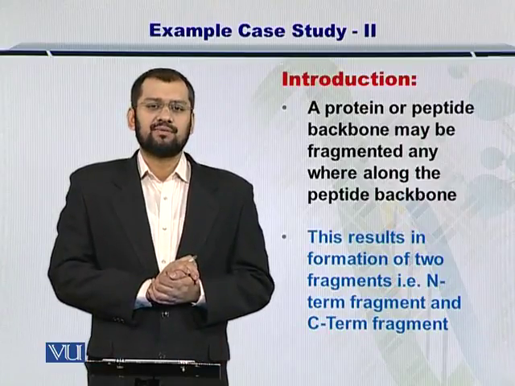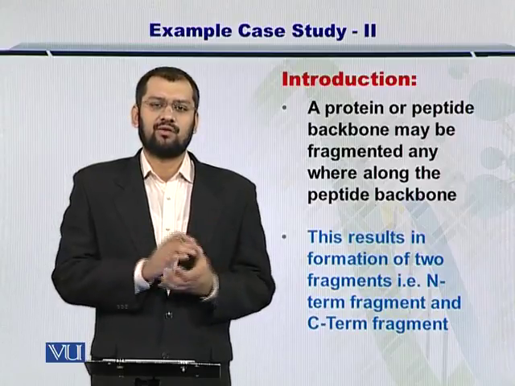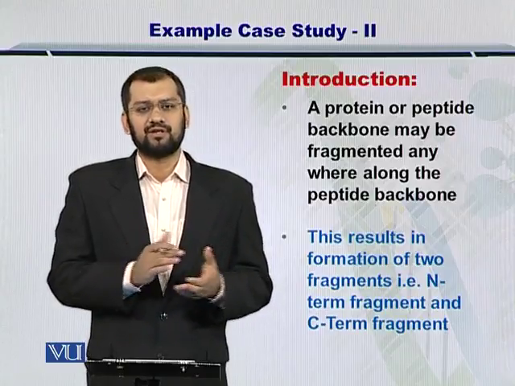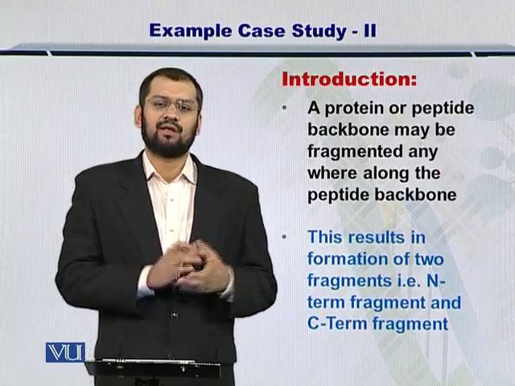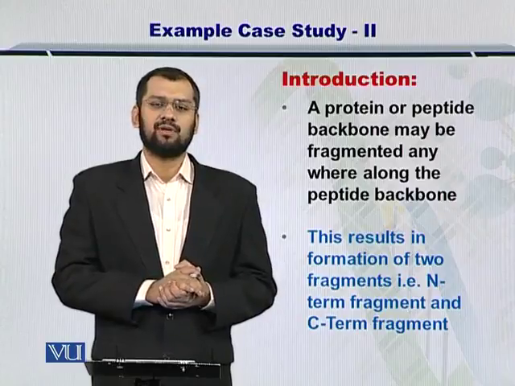This fragmentation breaks the backbone of the protein or peptide and two fragments are formed. There are multiple strategies for fragmentation, and each fragment that you obtain can further be measured for its molecular weight as well.